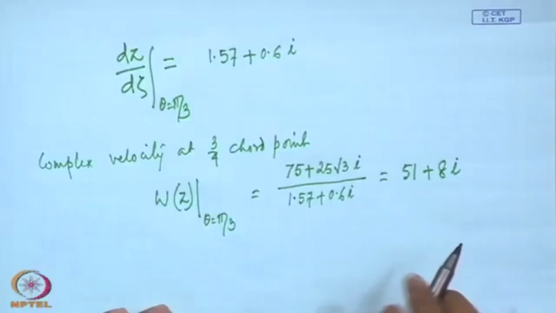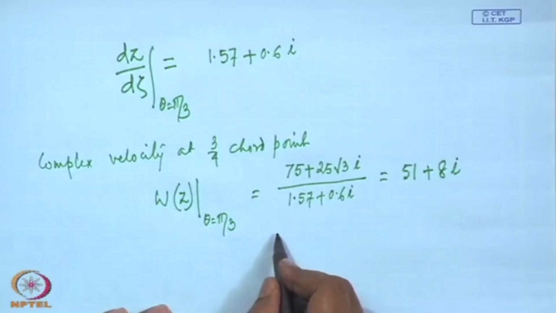And remember, this complex velocity is not u plus i v, it is u minus i v.